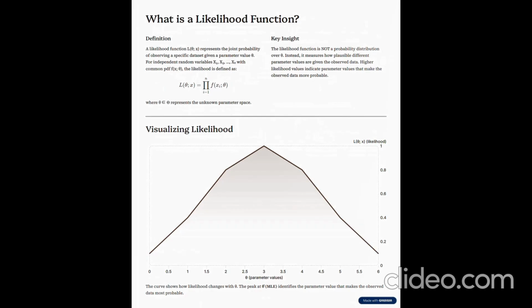It isn't a probability of the parameters themselves, but rather a measure of how well our model explains what we actually observed. The peak of this function shows us which parameter value best fits our evidence.